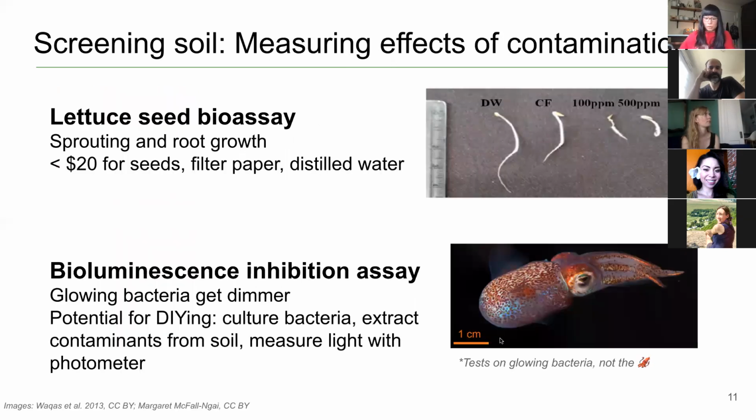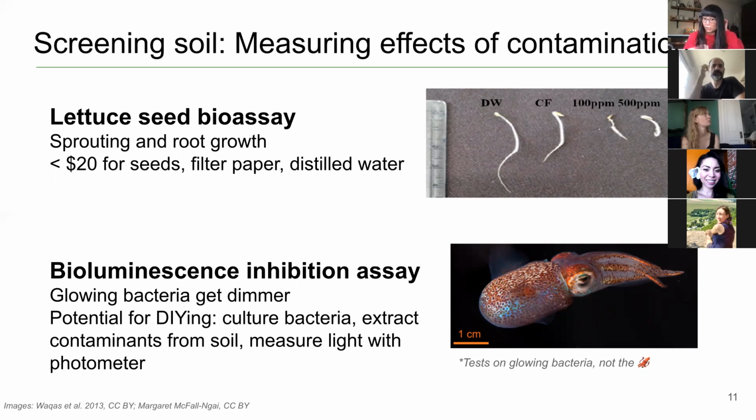So all those soil testing methods I've mentioned so far, which are just a few examples, are ways to measure the amounts of contaminants in the soil. But the amount of contaminant in the soil doesn't always translate into a predictable effect on living things.